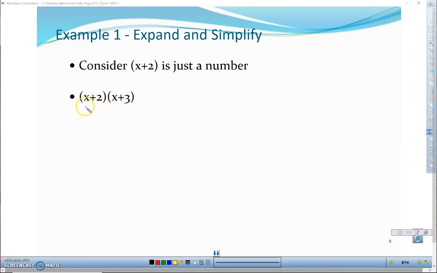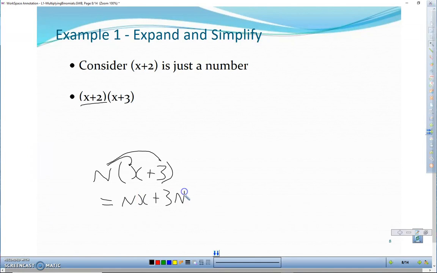And I'm going to encourage you to think of this here as being a number. So instead of it being x plus 2, what if it was just an n there, and then we've got x plus 3 on the outside? Well, then the n would multiply the x, and the n would multiply the 3, and this would be equal to nx plus 3n.